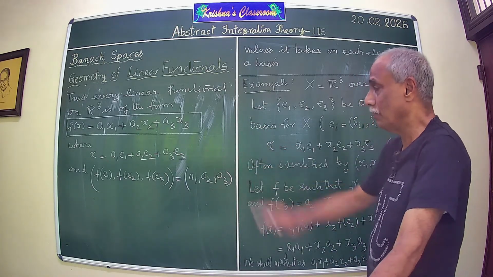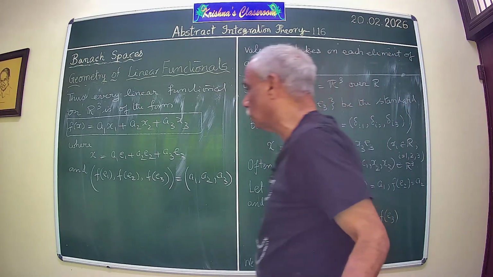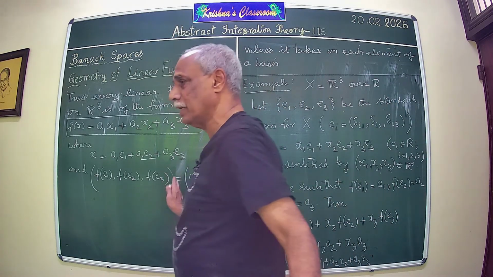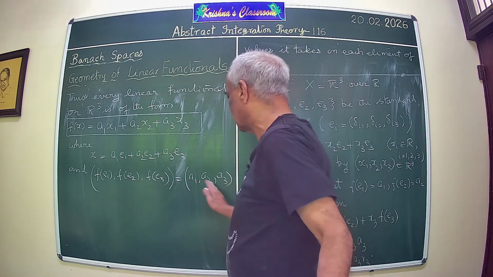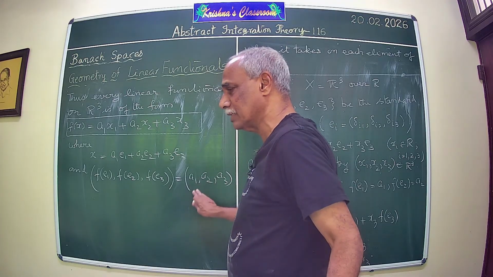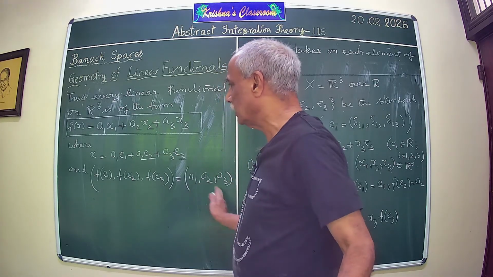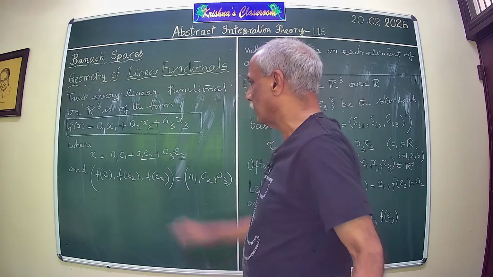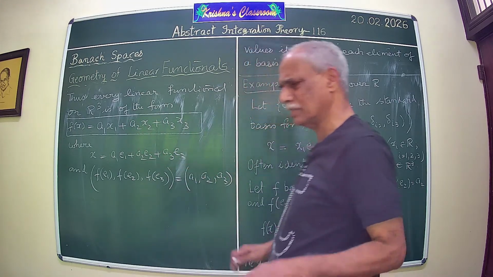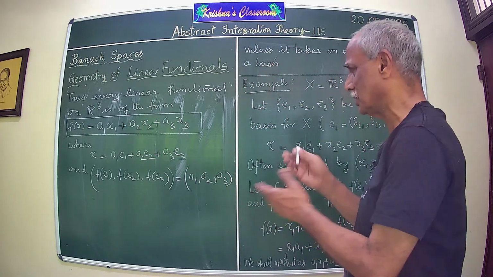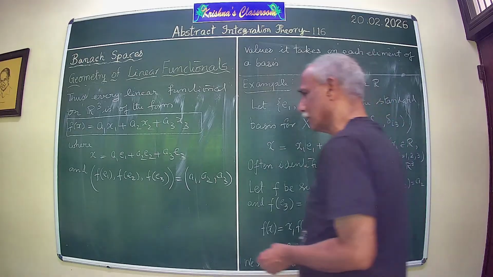If you know f of u1, f of u2, f of u3, given as some fixed scalars, then you get f of x. So there is no sanctity about the choice of e1, e2, e3, but we are used to it.